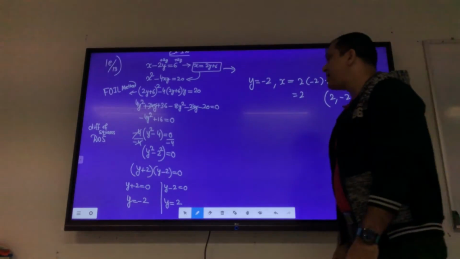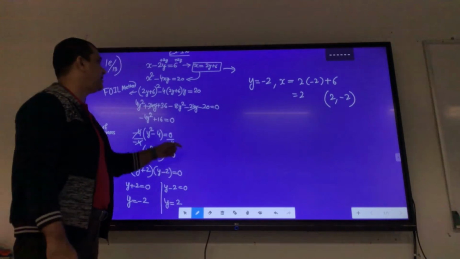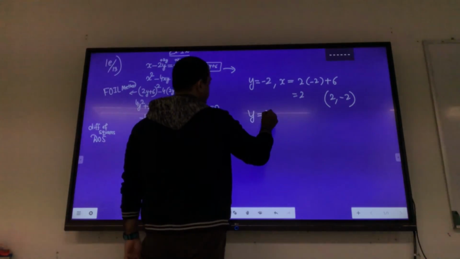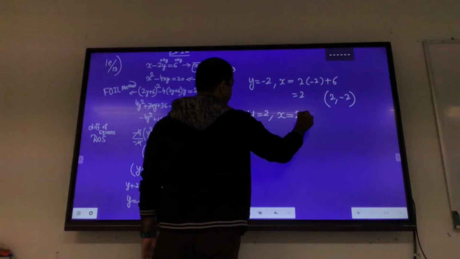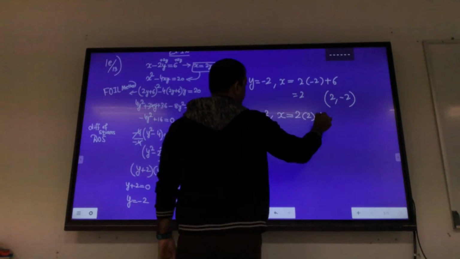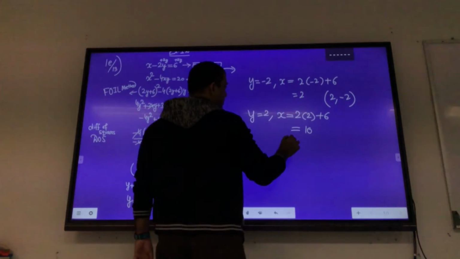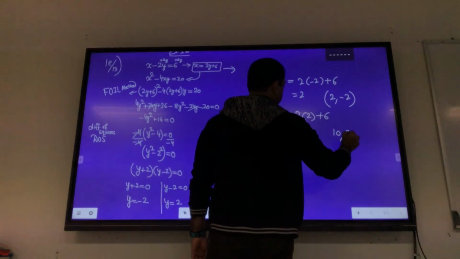To get the second point of intersection, I take y equal to 2 and plug it into that equation. x equals 2y plus 6, that means 2 times 2 plus 6, 4 plus 6 is 10. So the second point of intersection is (10, 2).